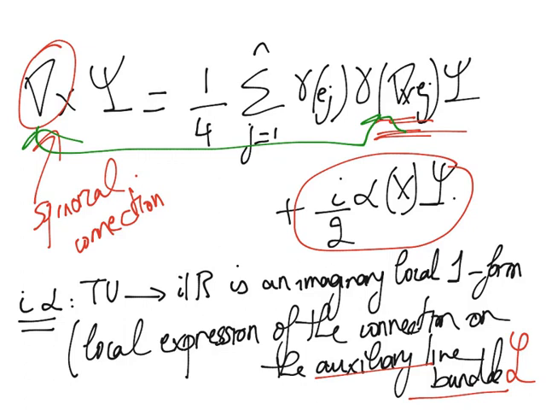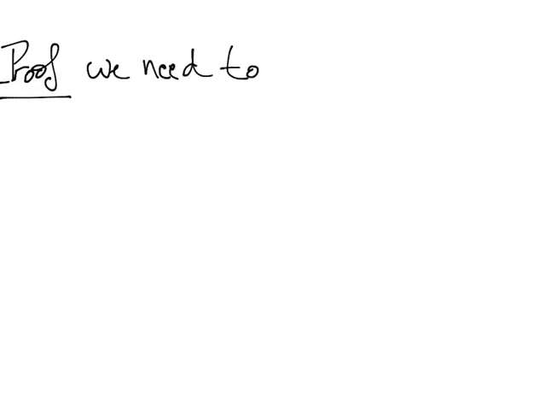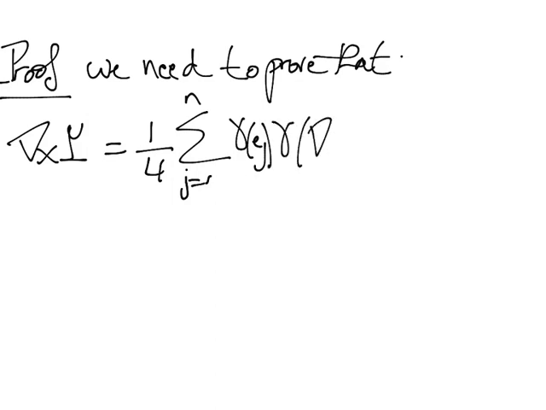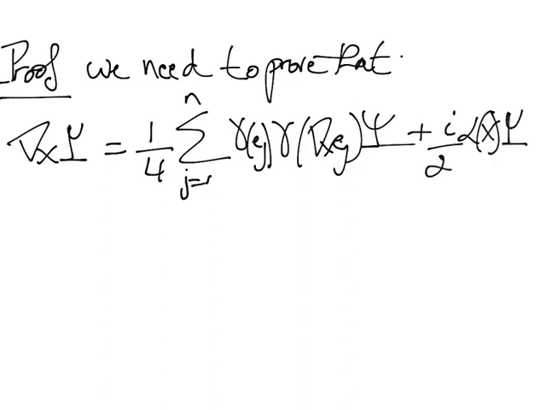So next step, the proof. We need to prove, so I'm going to write it one more time, we need to prove that the spinorial connection, or the spin C connection, locally, is given by the sum over j from 1 to n of gamma e_j gamma nabla_X e_j psi plus i over 2 alpha of X psi.